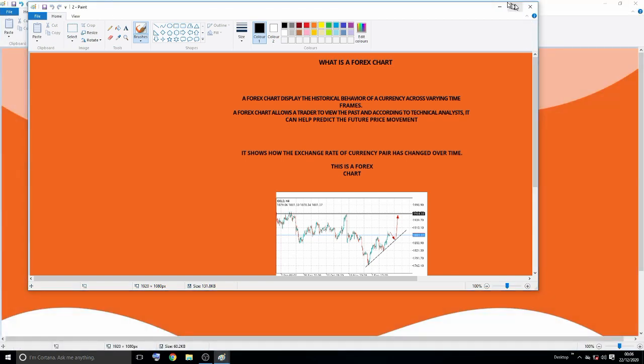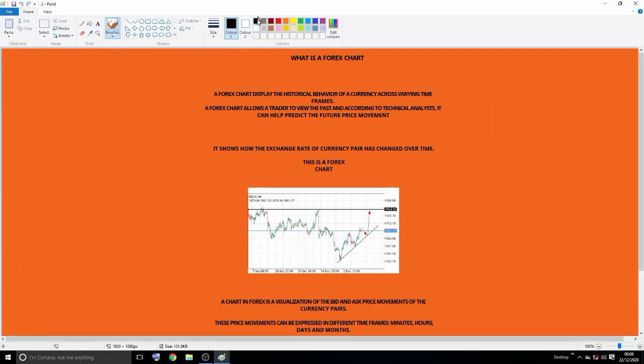So let's explain what is a forex chart. A forex chart displays the historical behavior of a currency pair across varying time frames.